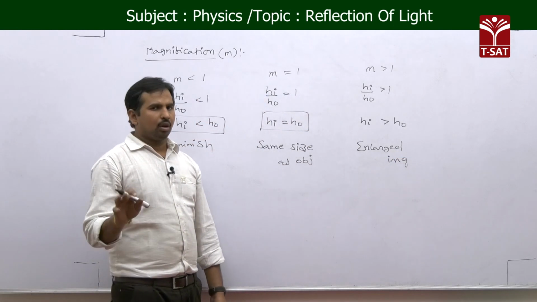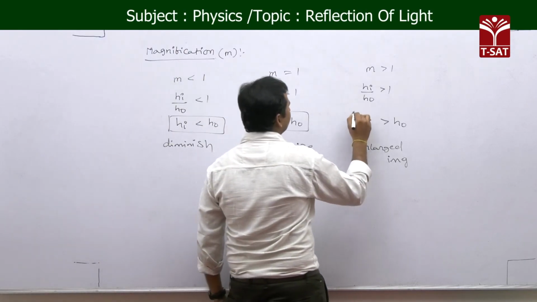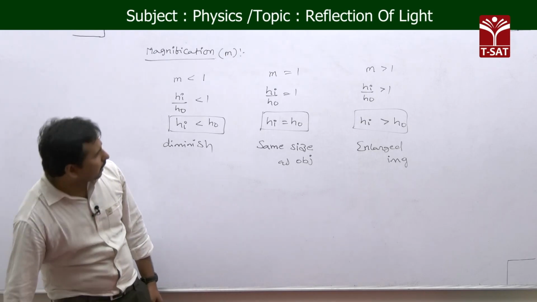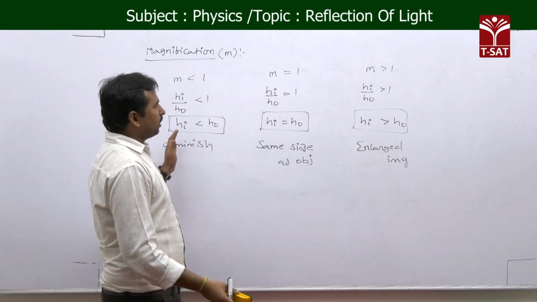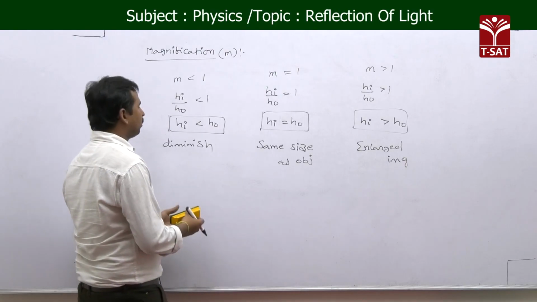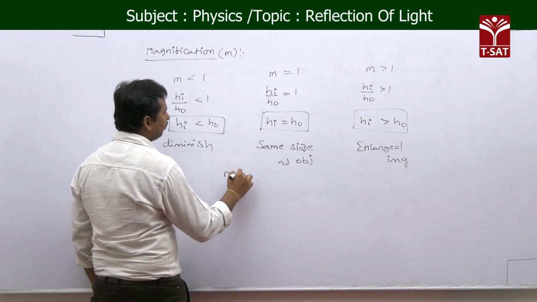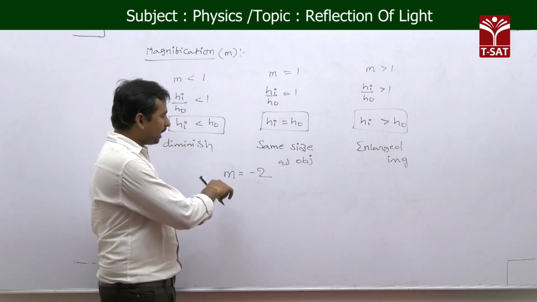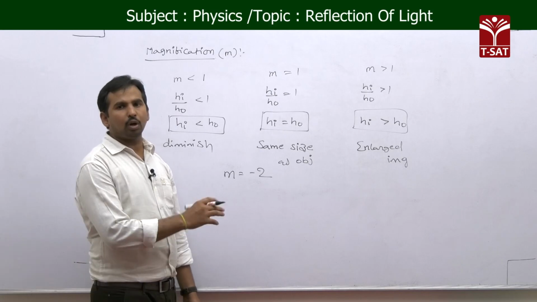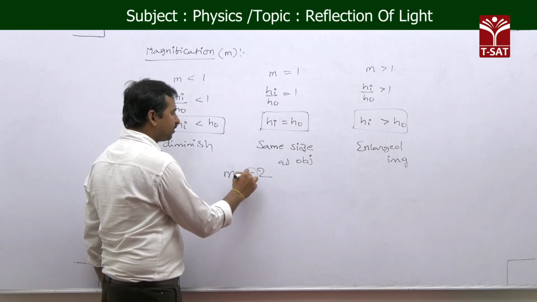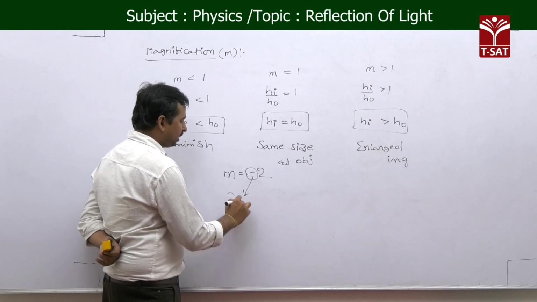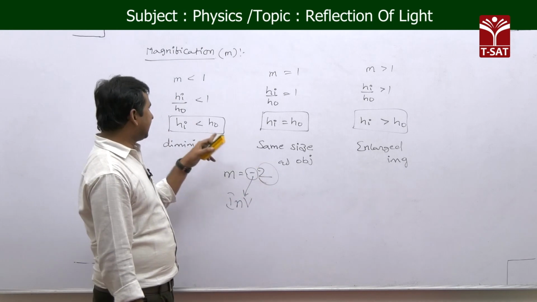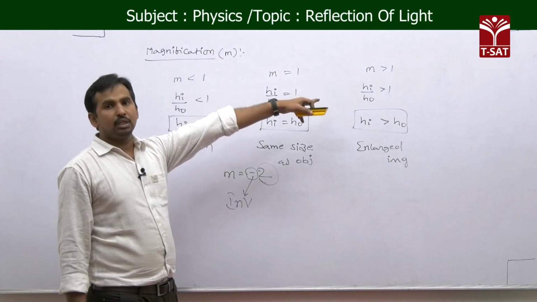Now, how questions come from this topic of magnification: they may ask a question depending on the size of the images. If m is equal to minus 2 for a given spherical mirror image, then the minus represents an inverted image, and 2 is greater than 1, which is our third case.